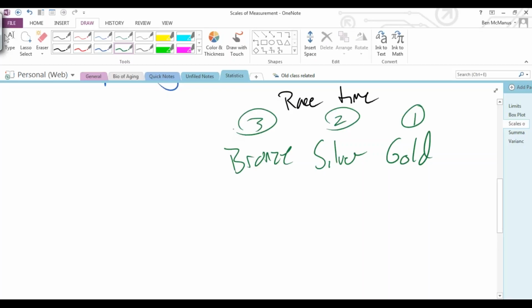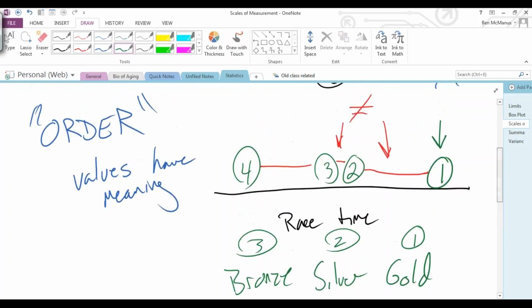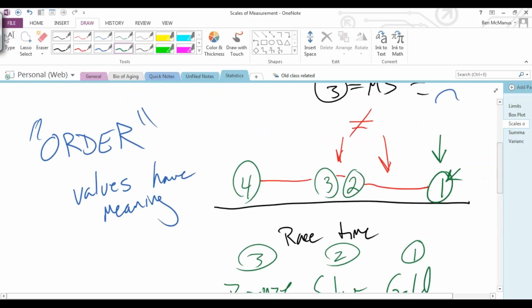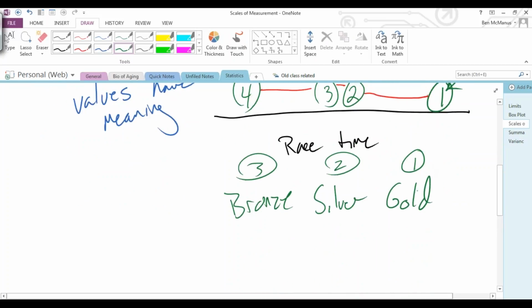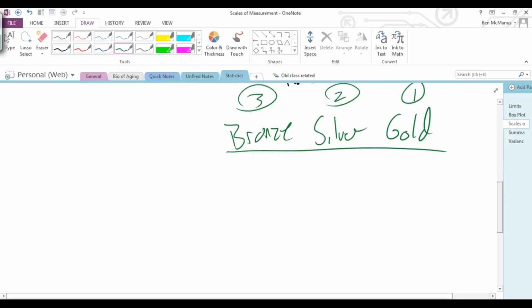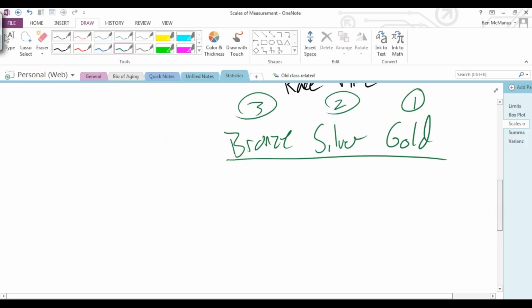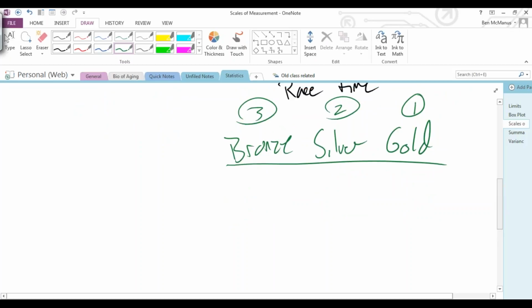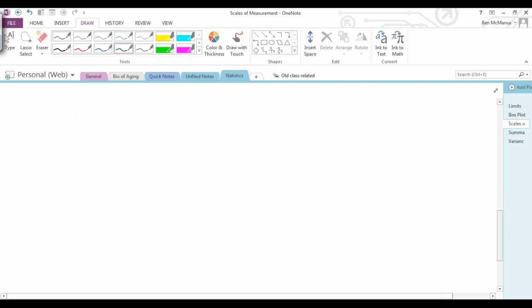Again, how far ahead gold finished ahead of silver is not going to be the same as how far ahead silver finished ahead of bronze, pretty much in any competition we're talking about with the Olympics. So even though you're typically going to see numbers, you could also see something else like a letter grade or words here that would represent an order. The order matters, but the difference between the orders does not stay consistent.